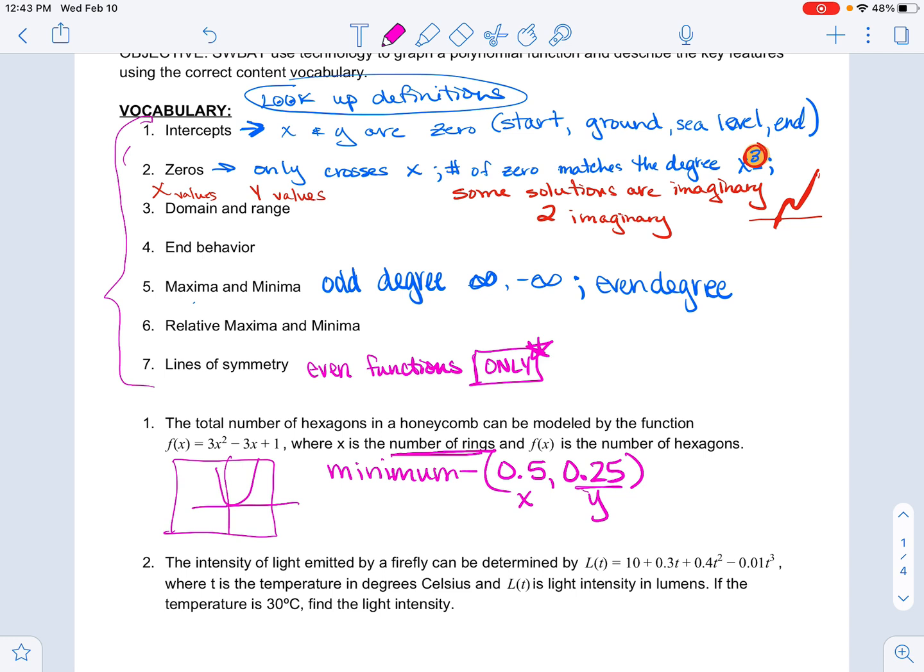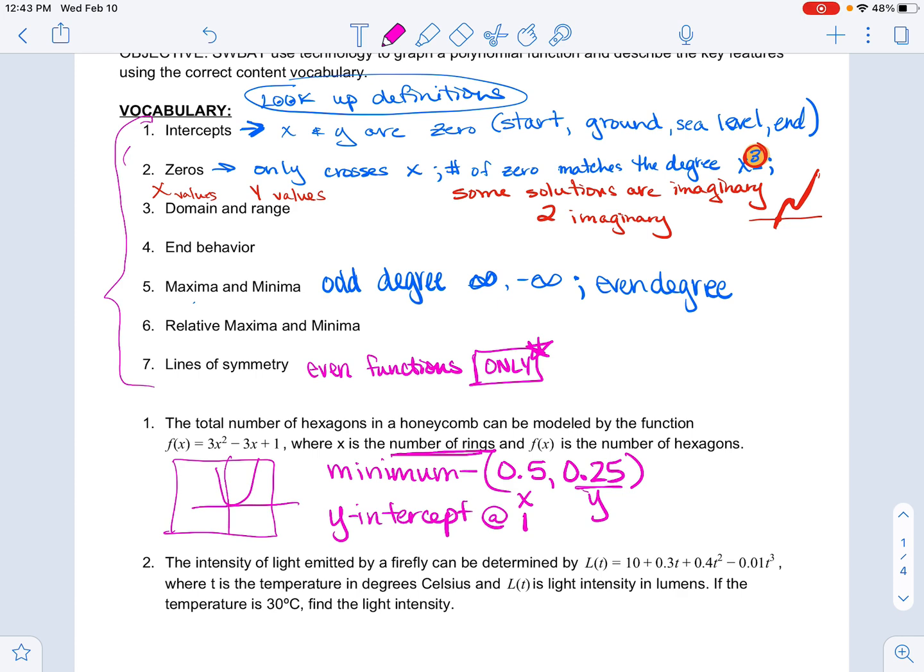You should be able to say that this graph crossed the y-axis at 1. So it has a y-intercept at 1. And that makes sense because it says f of x is the number of hexagons.